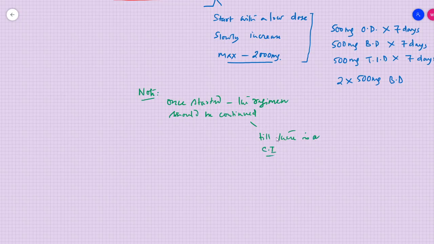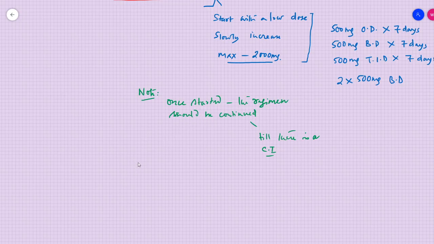This contraindication may be therapeutic failure, or the patient simply cannot tolerate it. But if that's not the case, then it should continue indefinitely, but the patient should be monitored.